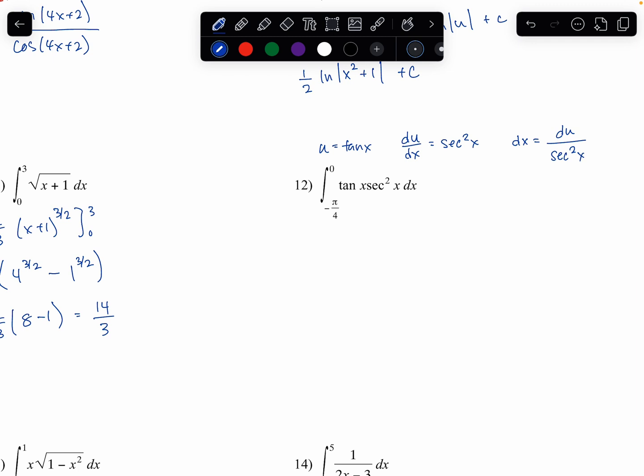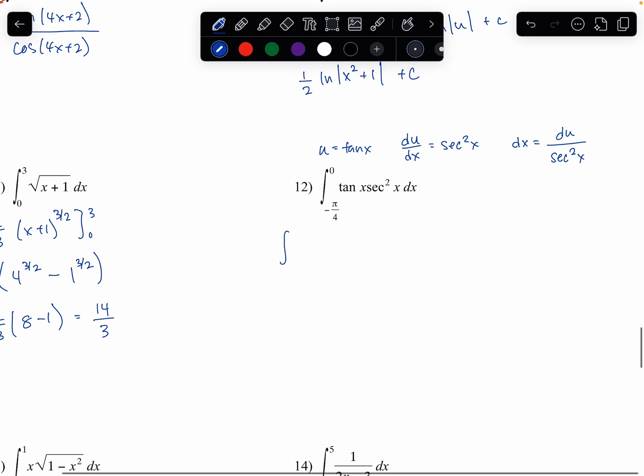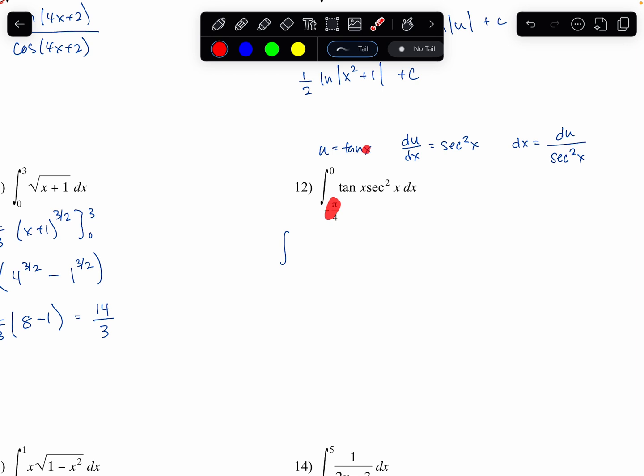So now also, as far as replacing my bounds, because I have this function of u here, we'll do the integral from, if I plug in negative pi fourths, pi fourths, that's a 45 degree angle, with sides 1, 1, and square root of 2.